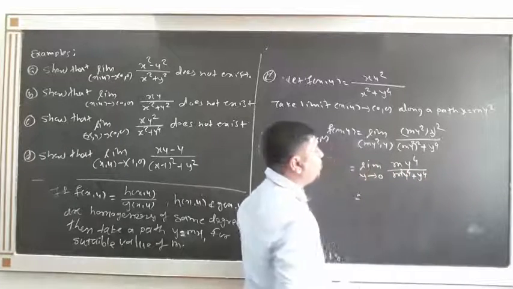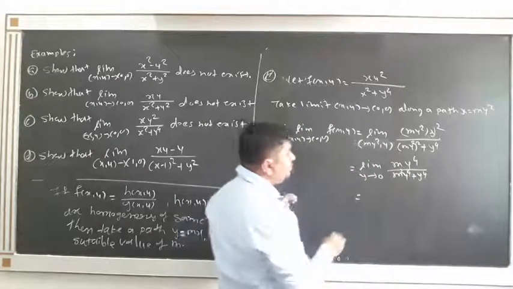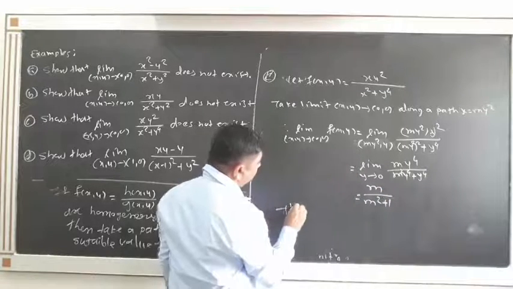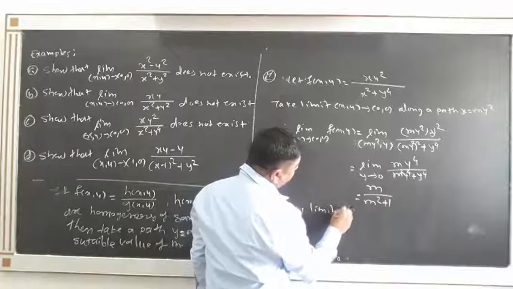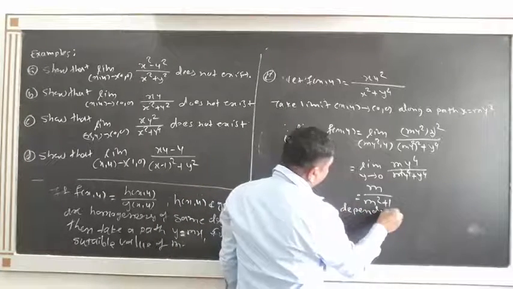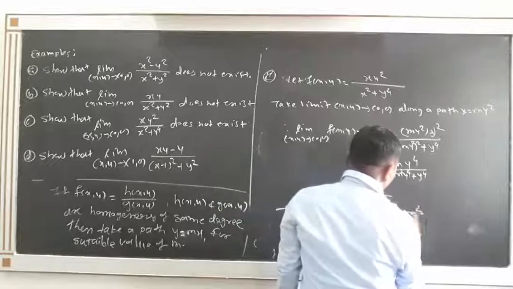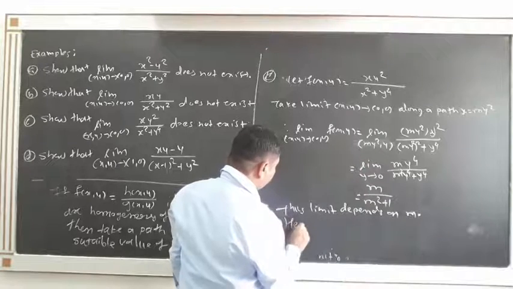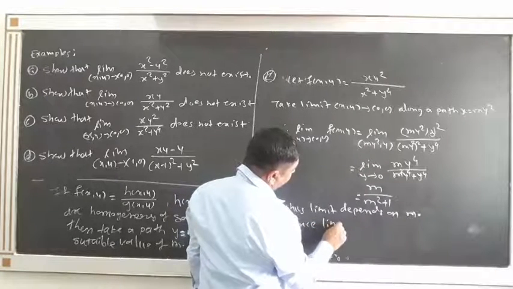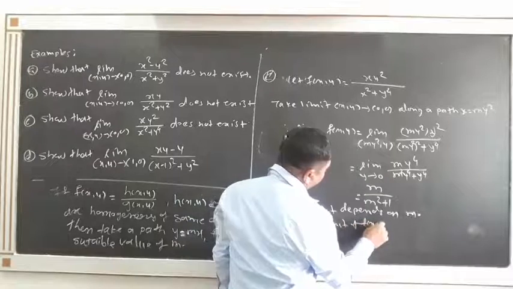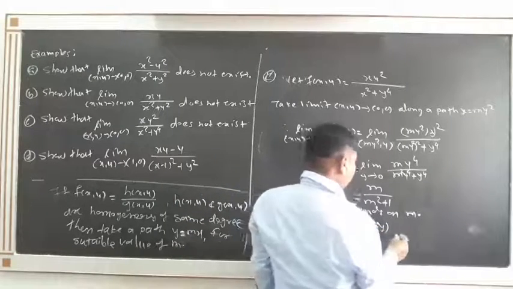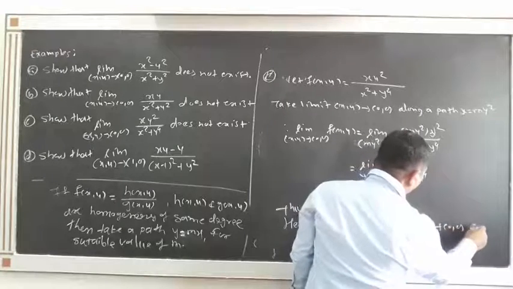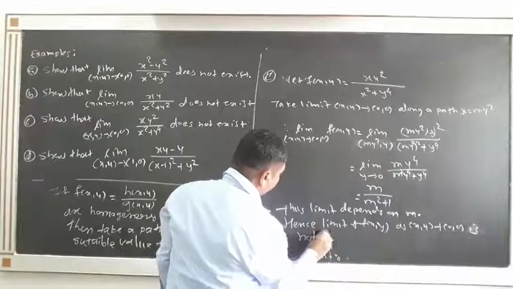If you take y raised to 4 common out and cancel it, you will get m upon m square plus 1. Thus the limit depends on m. Hence limit of f of xy as xy tends to 0 0 does not exist.